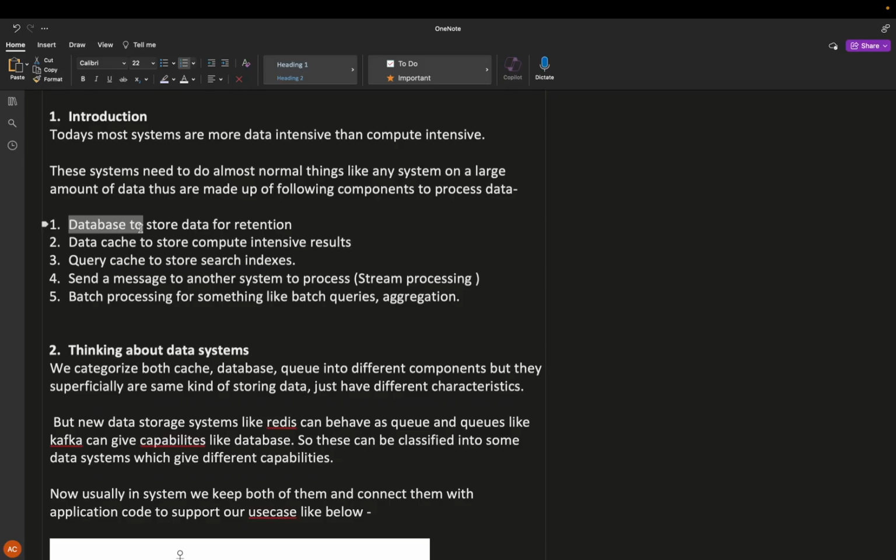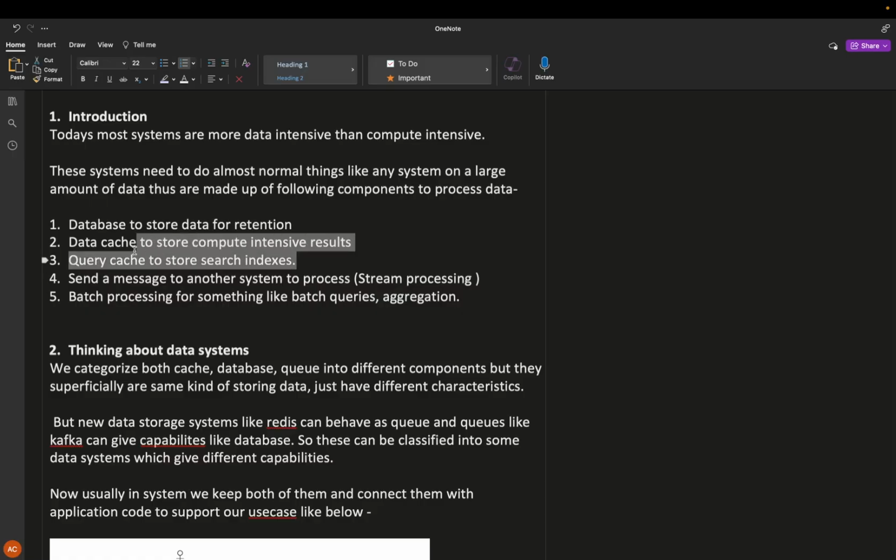First is the database system, to store data for retention. Second is the data cache, which helps us store compute intensive results. Third is the query cache, to store search indexes, like for the product you want to search, there would be some index based on today's date, recent products.